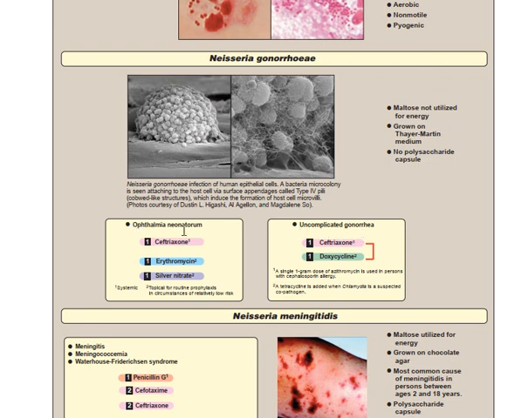Now, what are the antibiotics used if you have uncomplicated gonorrhea and if you have ophthalmia neonatorum? In case of ophthalmia neonatorum, meaning a pus-like discharge in the eyes of a neonate due to Neisseria gonorrhea, you can use first line ceftriaxone, or erythromycin, or silver nitrate. In this case, you use ceftriaxone. Why?